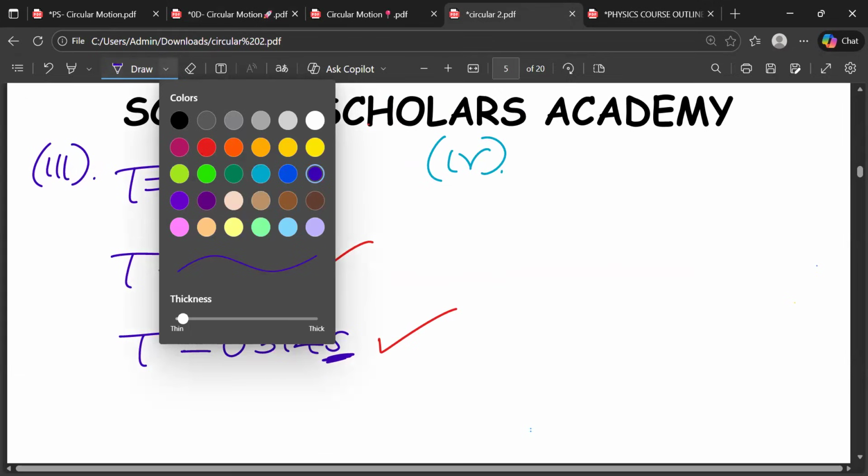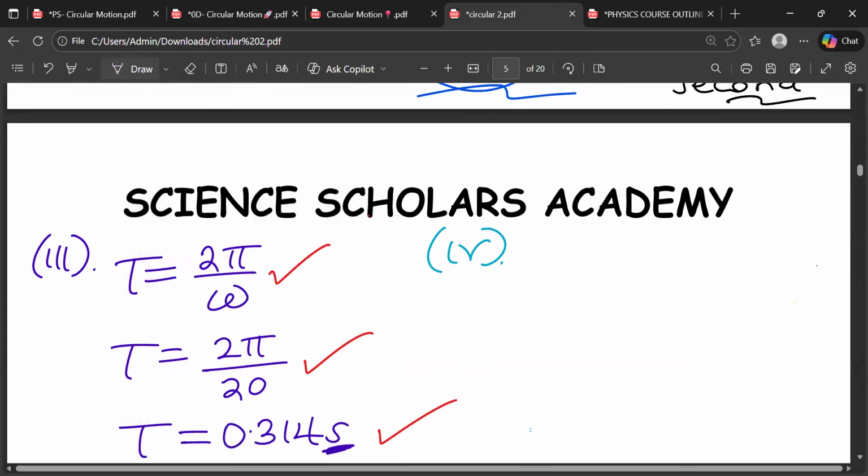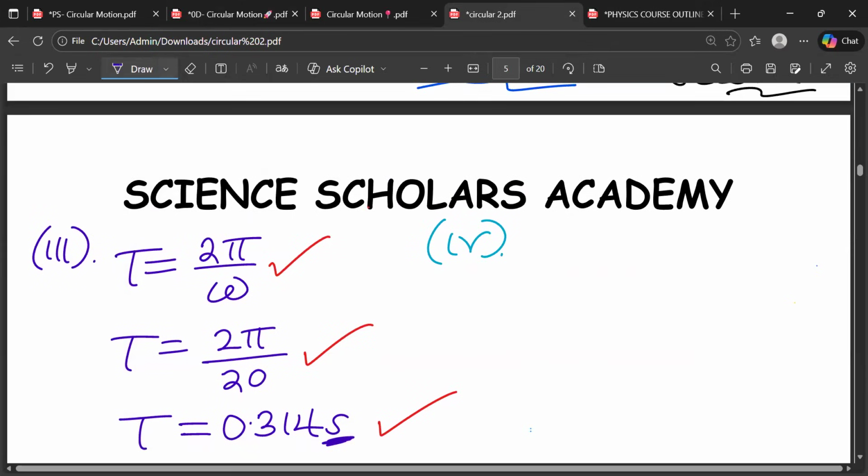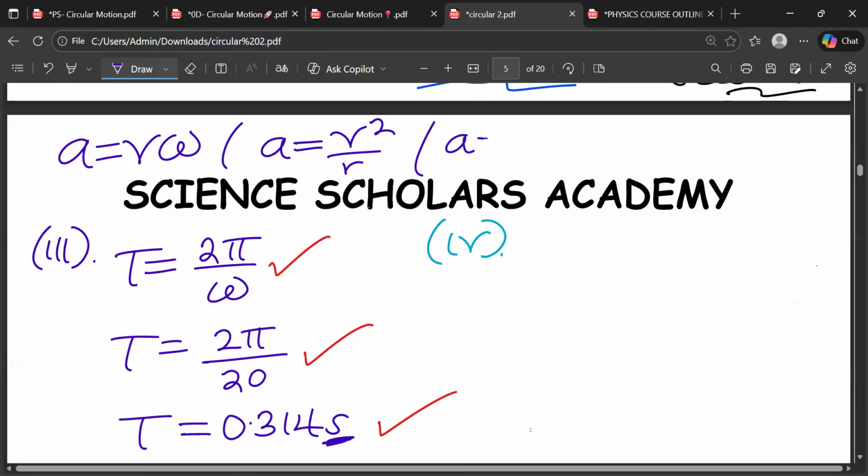So let's look at what we have. There is the formula of V omega, the formula of V squared over r, and the formula of r omega squared. So which one are we really using?